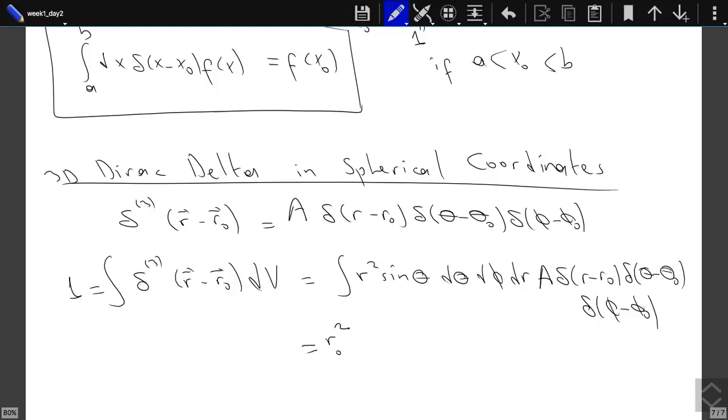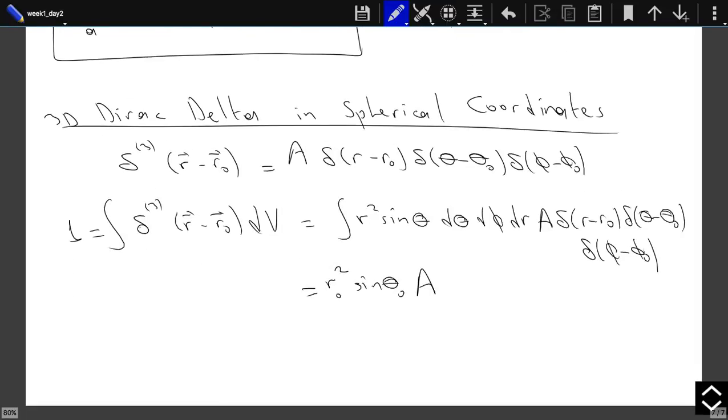If I take now the theta integral, this Dirac delta tells me that wherever I see a theta, I should put theta 0. Sine theta 0, I took the theta integral. Now the phi integral, well, there's no phi dependence, so the integral of the Dirac delta is just 1. What is left is a. So a should be 1 over r0 squared sine theta 0.